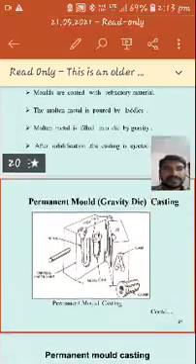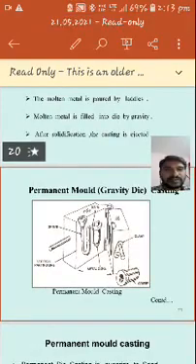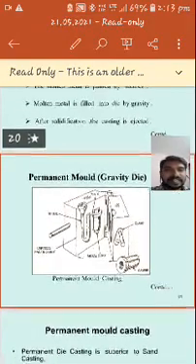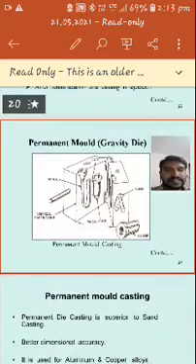After solidification, the casting is ejected.